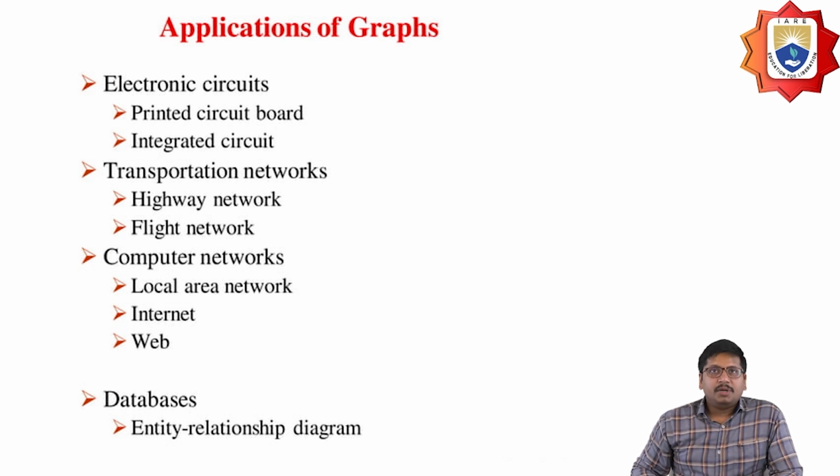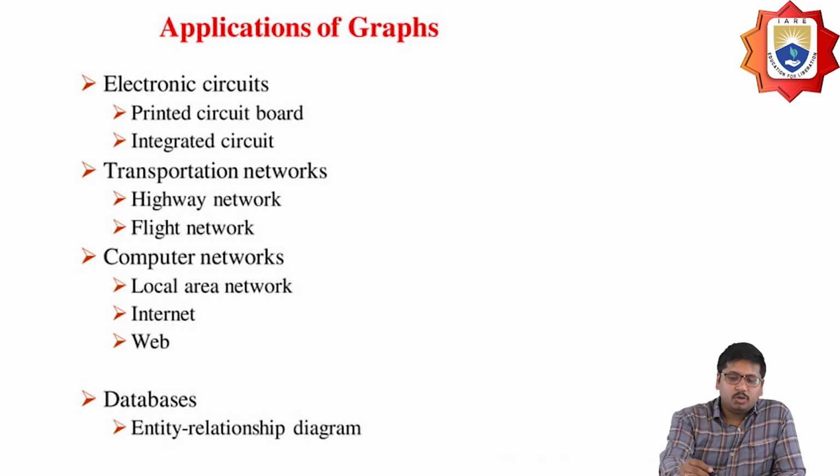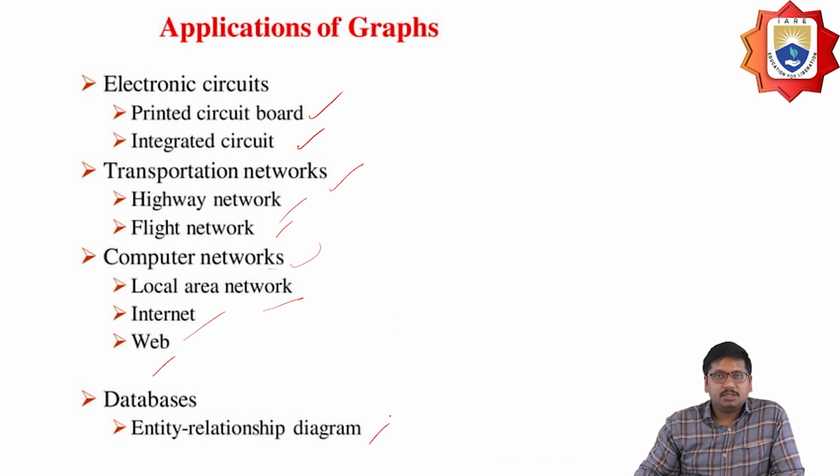When it comes to the applications of the graph, we mainly use graphs in electronic circuits, such as printed circuit boards and integrated circuits. Graphs are also used in transportation networks like highway networks and flight networks, and in computer networks like local area networks, the internet and web. In databases, it is represented as an entity relation diagram.